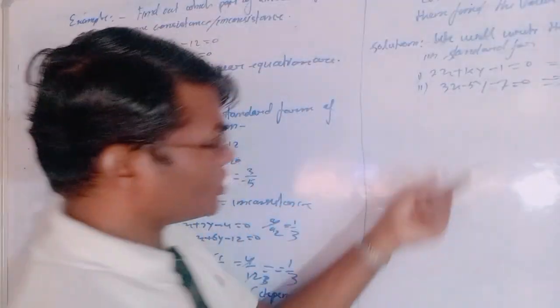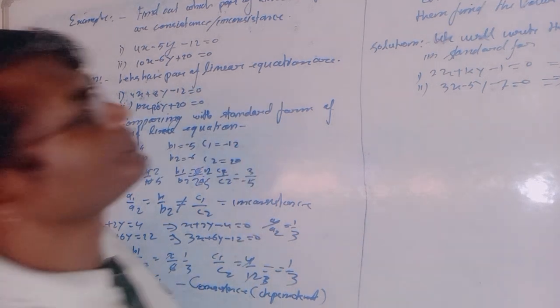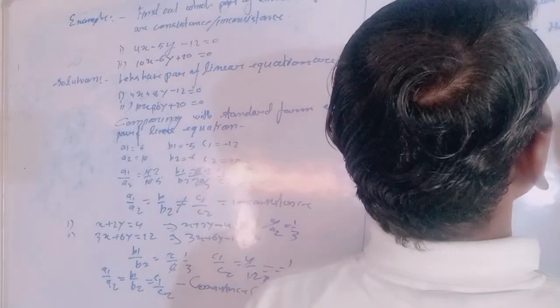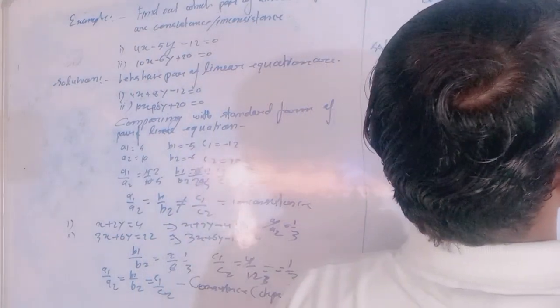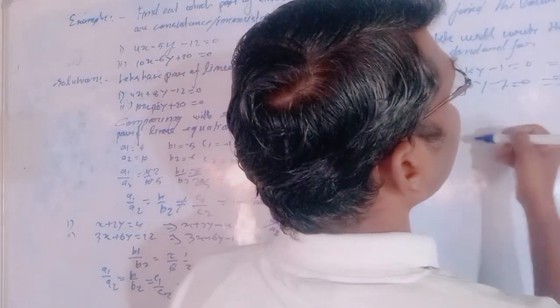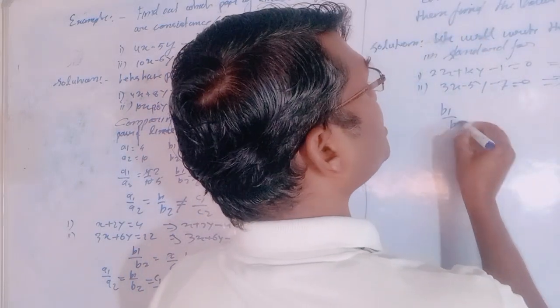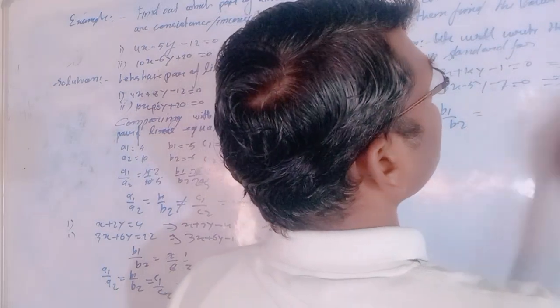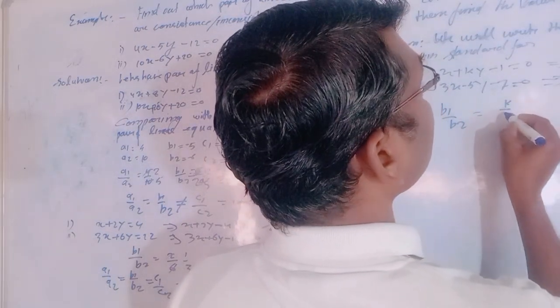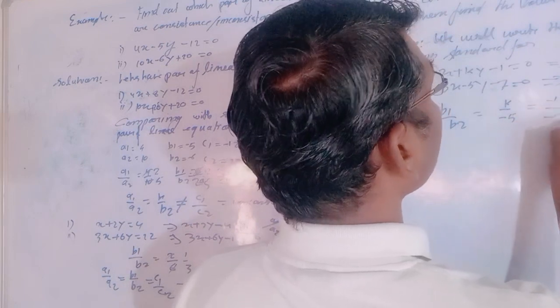After finding these, we compare. We know a1 by a2, b1 by b2, and the constant terms. So b1 by b2 is k by minus 5 is equal to minus 1 by minus 7.